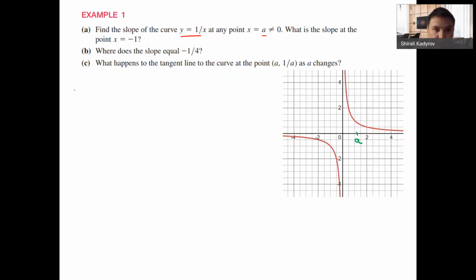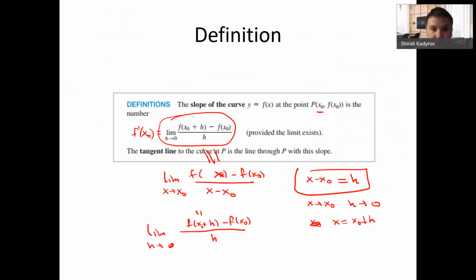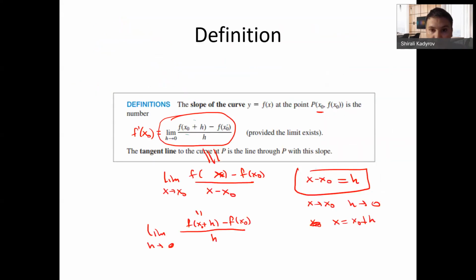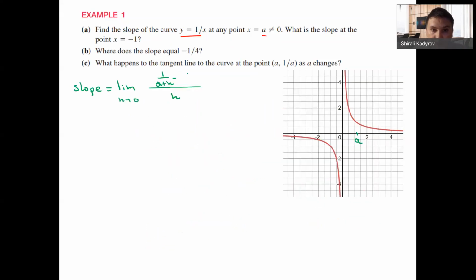So what is the slope? Well, slope is the limit as h goes to 0 of 1 over h times f of a plus h, but my f is 1 over x, so this is 1 over a plus h, minus f of a, which is 1 over a. So I need to calculate this limit.